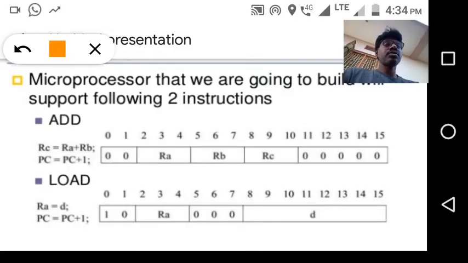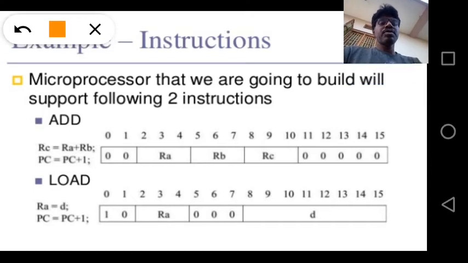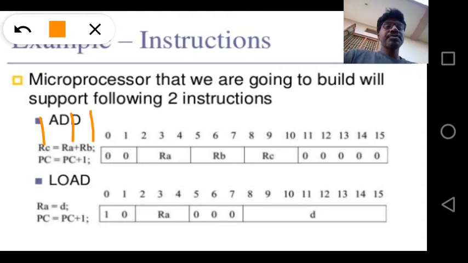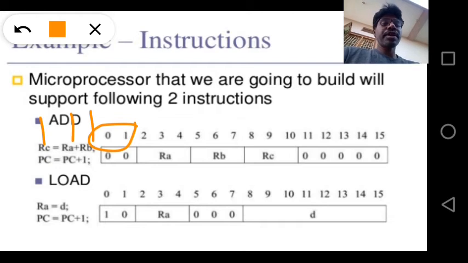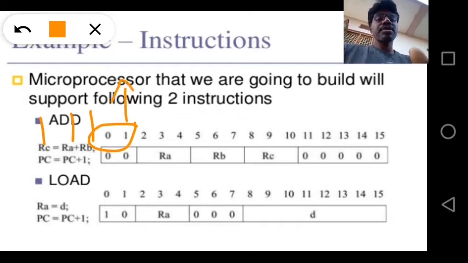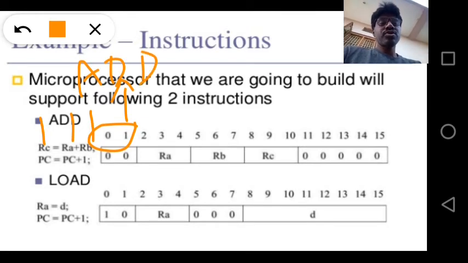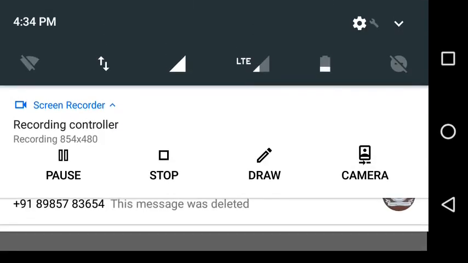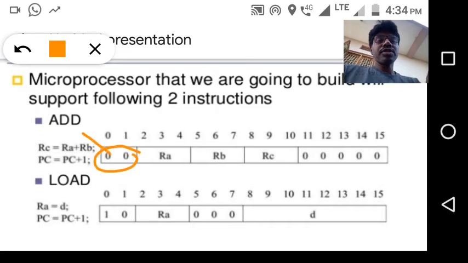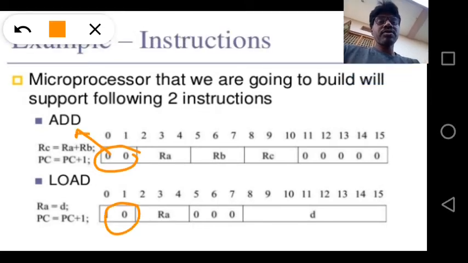Now these are the two registers RA and RB. Content will be stored in RC. Now 0 0 indicates that you need to perform add. 1 0 indicates that you need to perform a load.